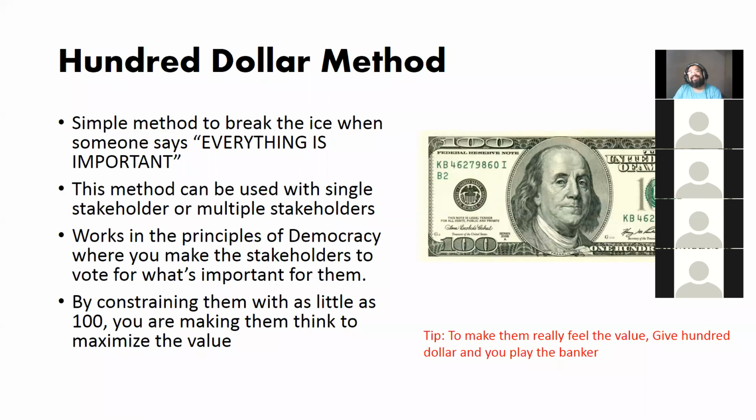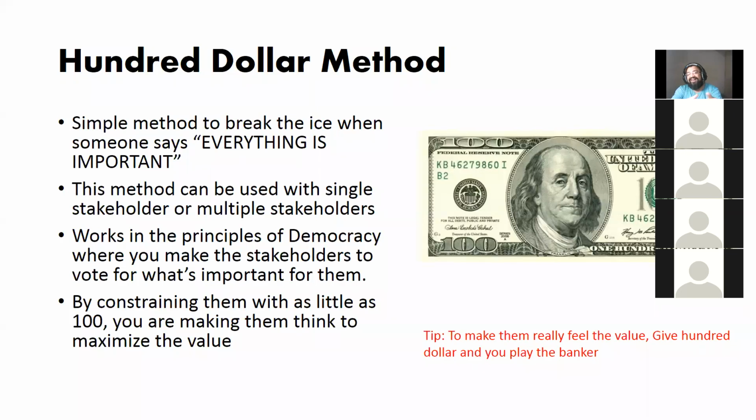So when you are doing this, here is the tip to make them feel they have only $100. I'm not sure how many of you played the game called Monopoly. There is a banker, and you are the player. For everything, the banker takes the money. The banker will never give the money. So you do the same thing with your stakeholder. You have $100, you just give $100 to them.